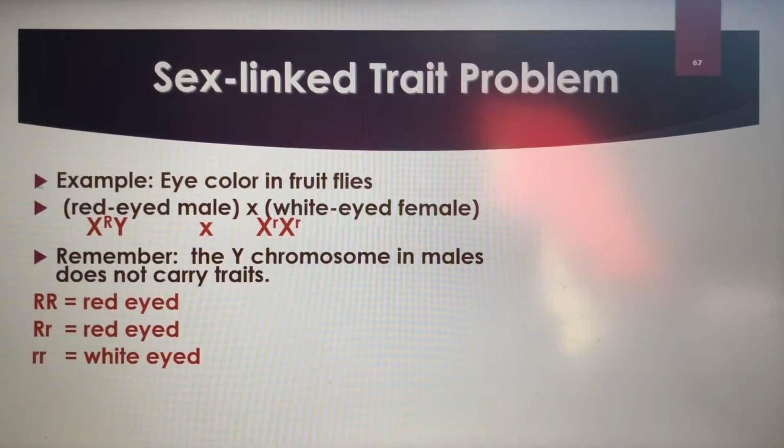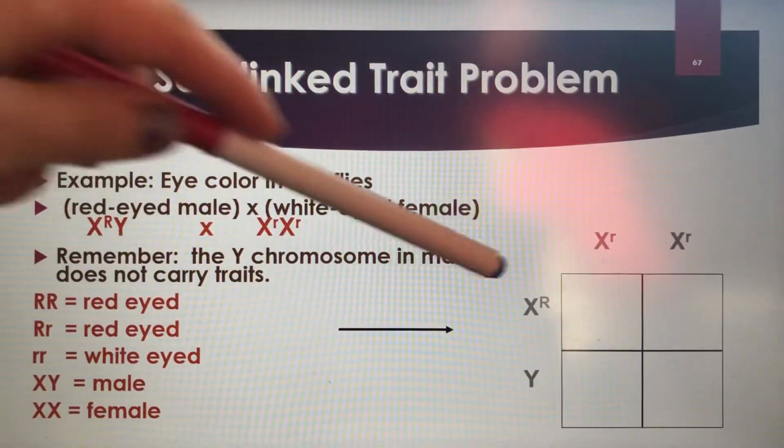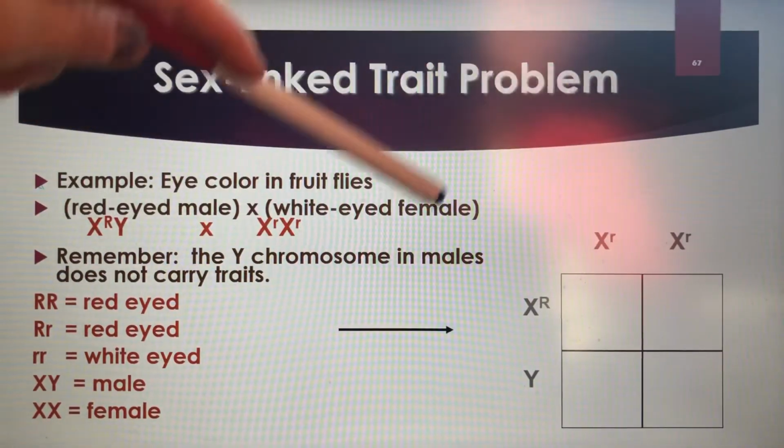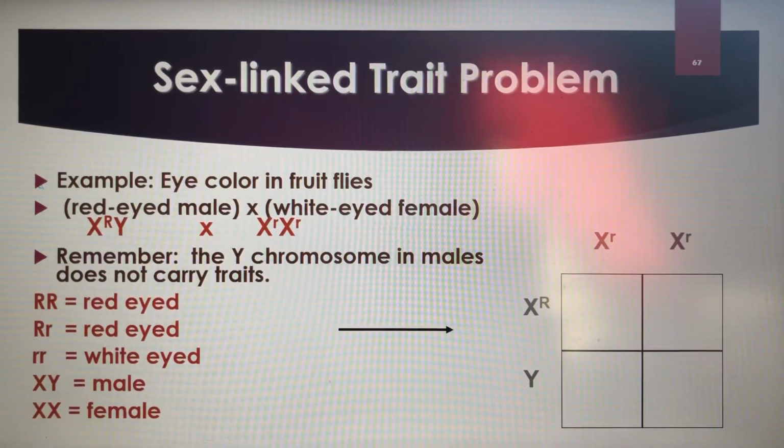When you do sex-linked traits and you draw your Punnett square, you're going to need to get used to drawing your Punnett square where you have the X and the Y. And this is only for sex-linked traits, because then you guys get really excited and start drawing all your Punnett squares with X and Ys.